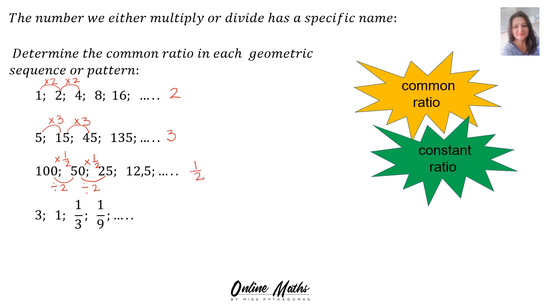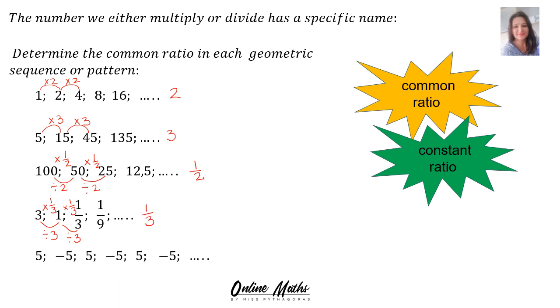This example, to get from 3 to 1, we divide by 3, or exactly the same is multiply by a third. To get from 1 to a third, again we divide by 3, but it's exactly the same as multiply by a third. Therefore, our common ratio is a third.